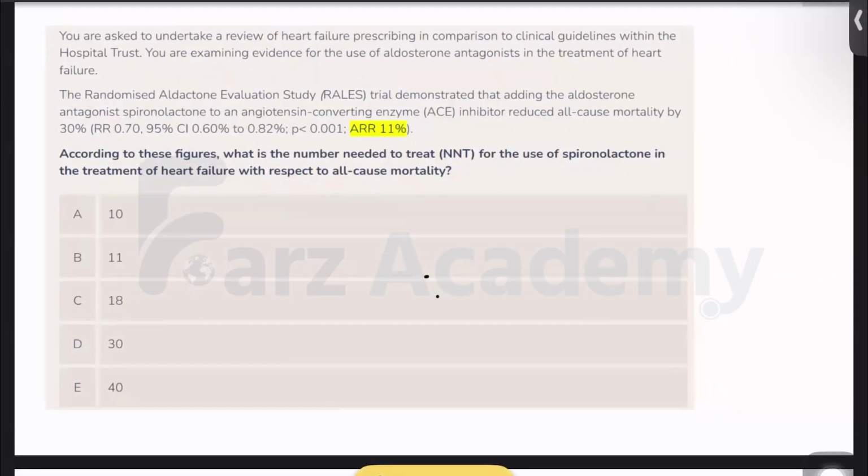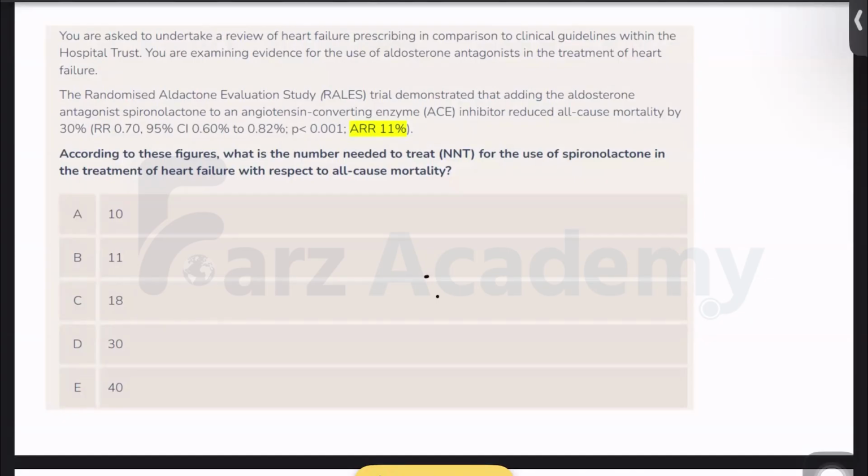This we saw last time. 1 upon absolute risk reduction, in percentage, so you multiply by 100.